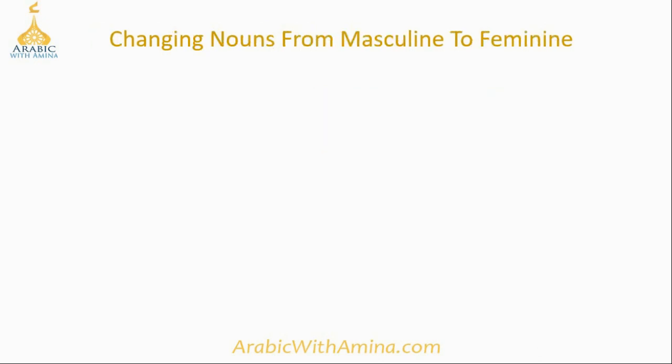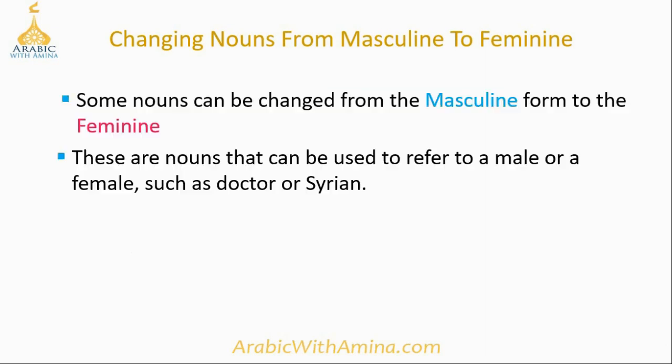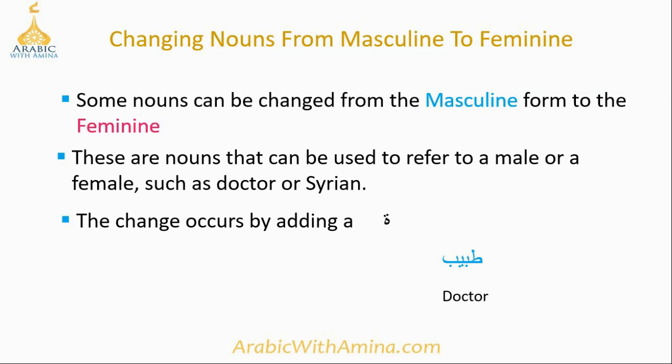Some nouns, not all nouns, can be converted from the masculine form to the feminine form. These are nouns that can be used to refer to a male or a female, such as the nouns of profession, such as doctor, or nationalities, such as Syrian. This change occurs by adding a ta marbuta to the end of the word. For example, here we have tabib, which means male doctor.